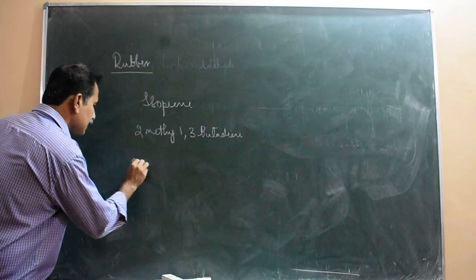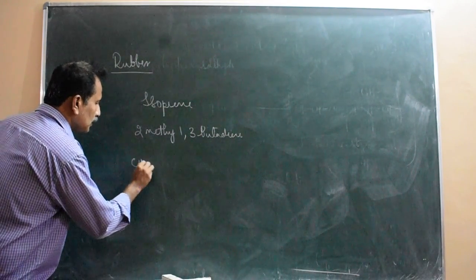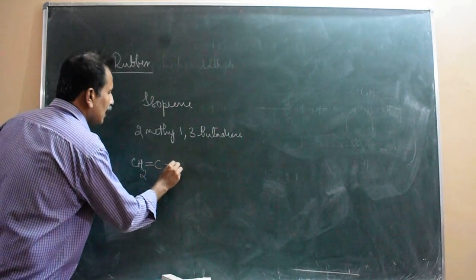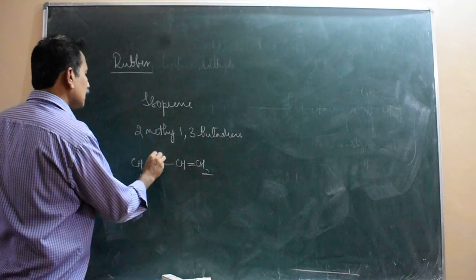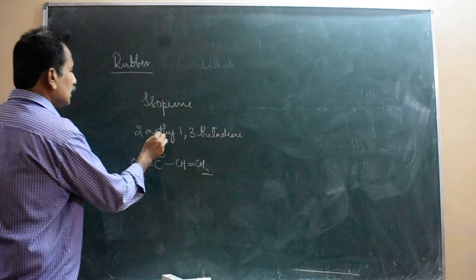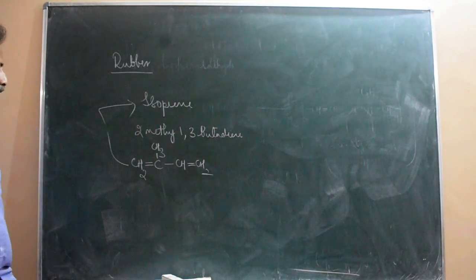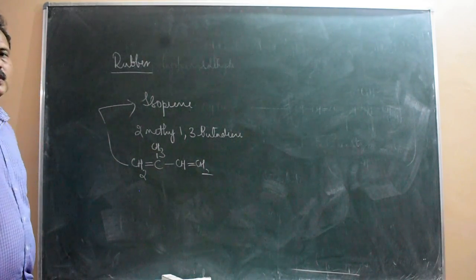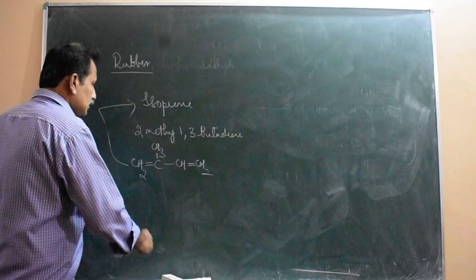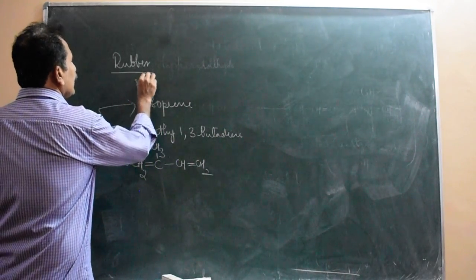So you can write it as CH2=C-CH=CH2, and here you have a methyl group. So this is your isoprene, or 2-methyl-1,3-butadiene.